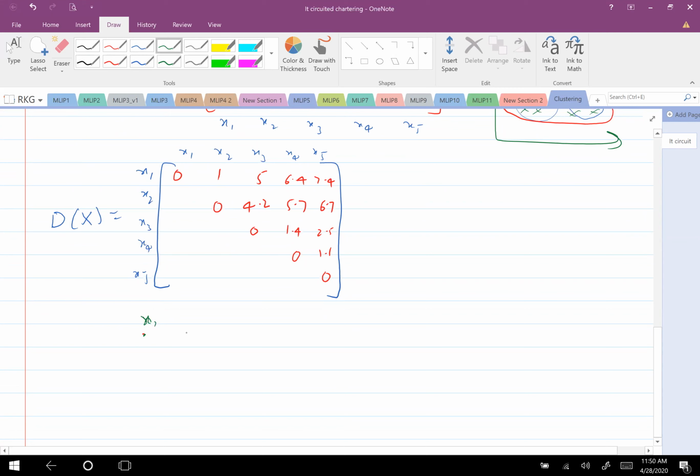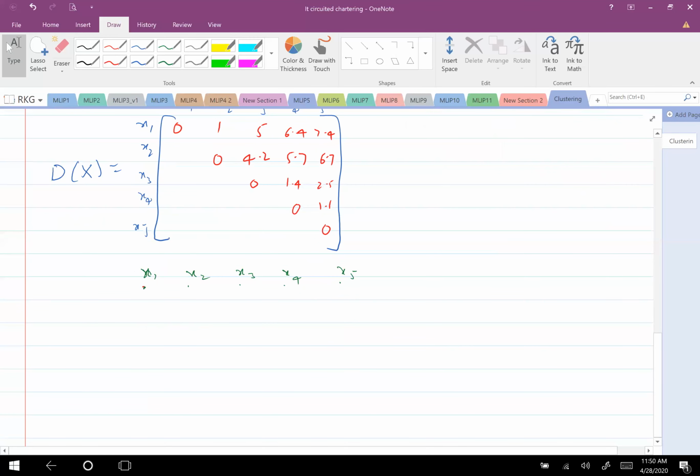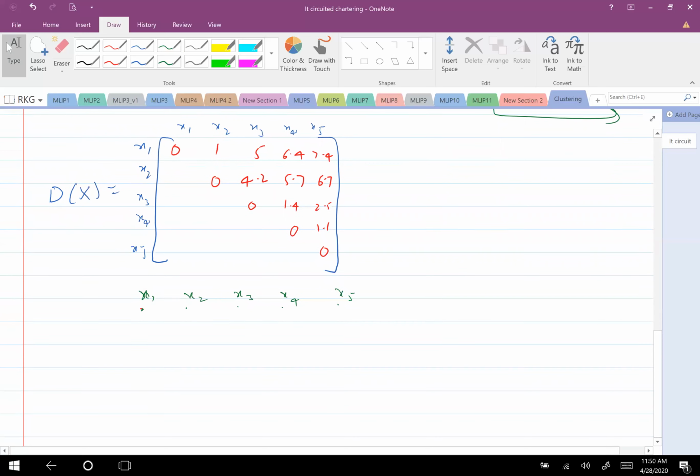There are 2 ways of doing clustering. One is to gradually increase: you start with each single sample as one cluster and start grouping the closest samples first, then the next closest samples, and so on. It is referred to as agglomerative clustering.